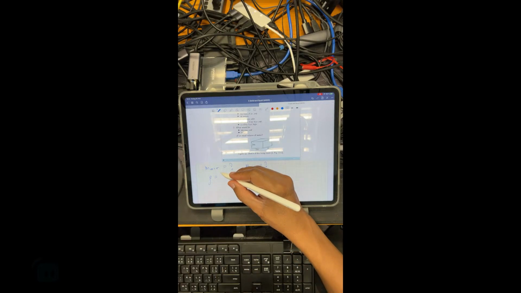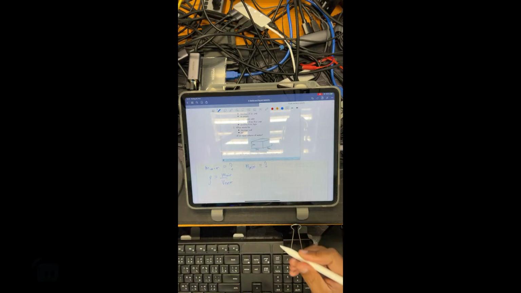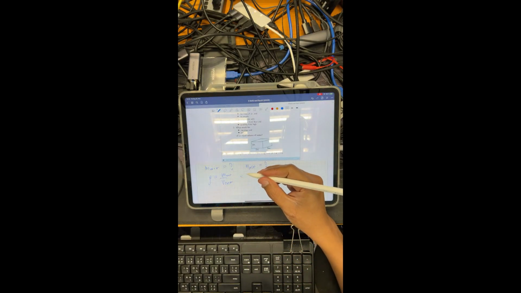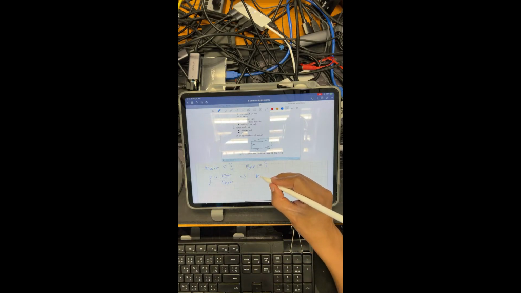Rho is mass per volume. Mass of what? Mass of air. V of what? V of room. If you go further, you want to determine the mass of the air, right?